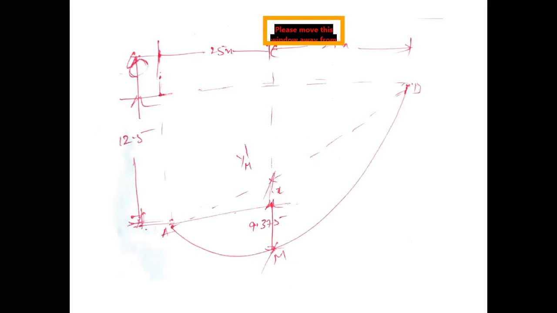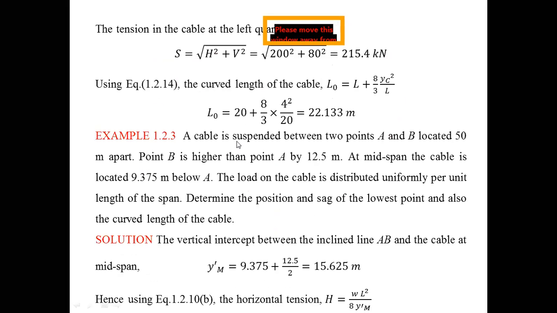This problem. A cable is suspended between 2 points A and B located 50 meters apart. The point B is higher than the point A by 12.5 meters.